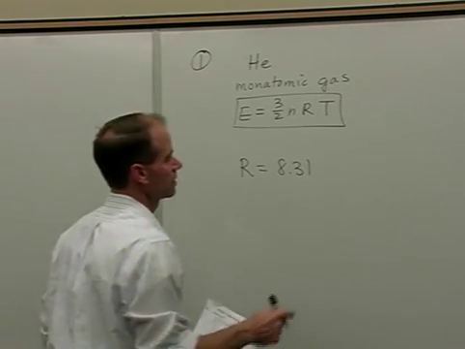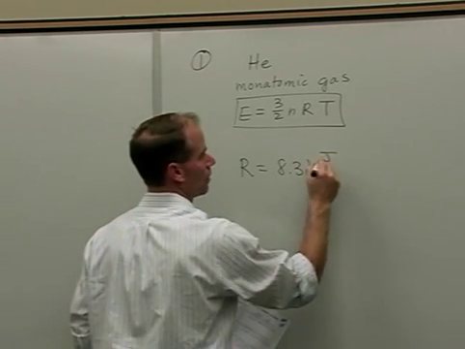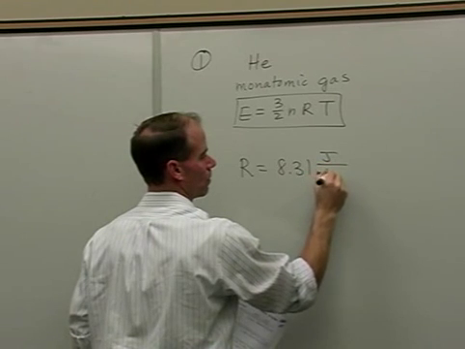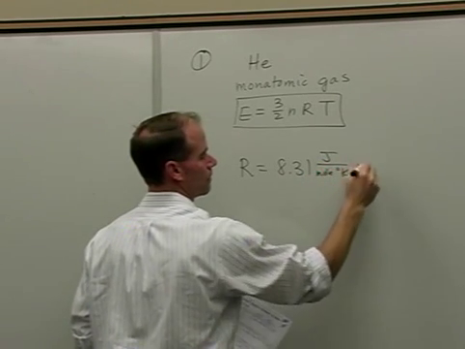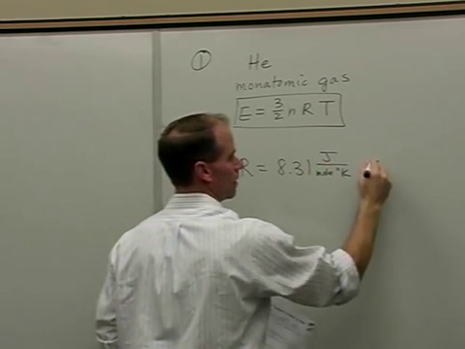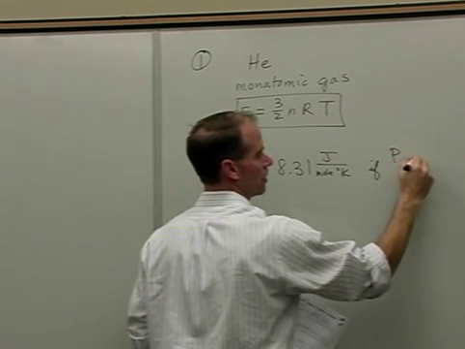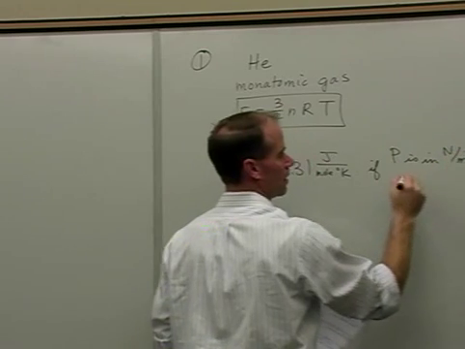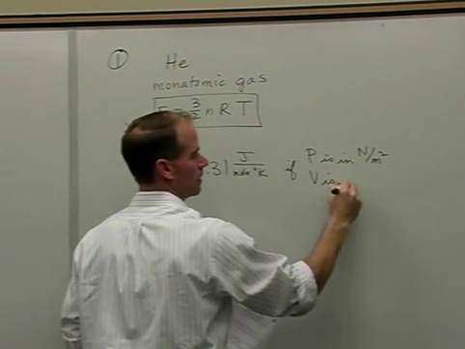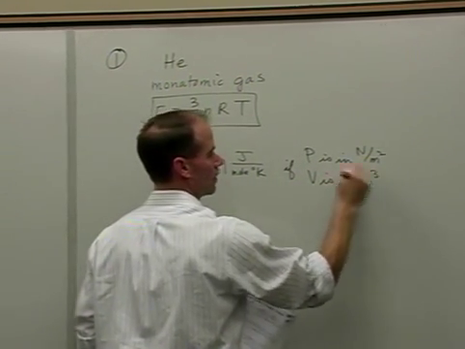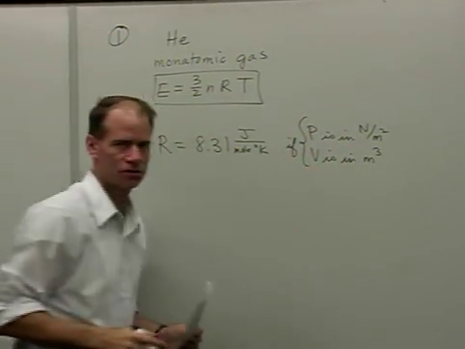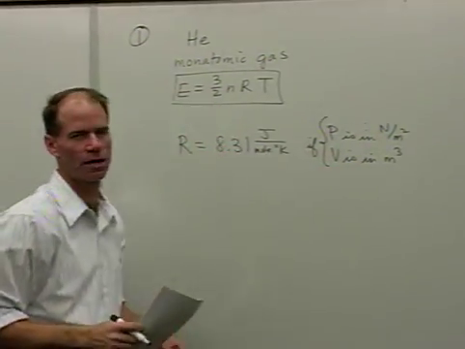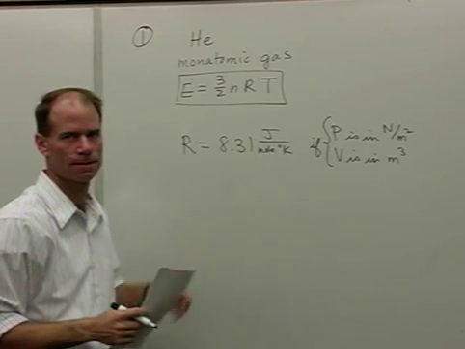So this would give us joules per mole per degree Kelvin. We'll use this gas constant.